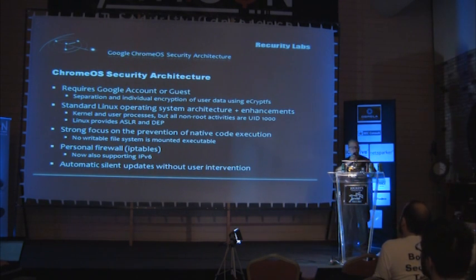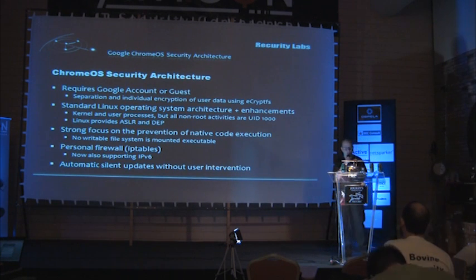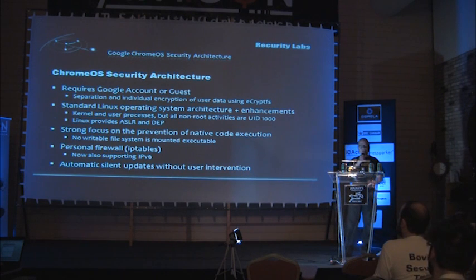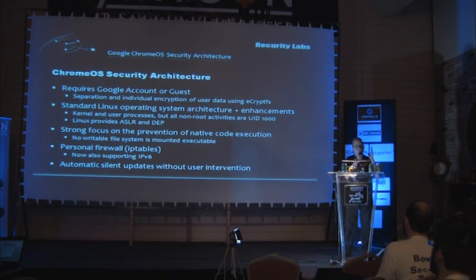They have a personal firewall, which the iPad doesn't. After we told them that IPv6 is also a protocol that we use nowadays, they added IPv6 to the personal firewall. And what is very interesting, they have automatic silent updates without user intervention. So you can't actually stop the device from updating itself.